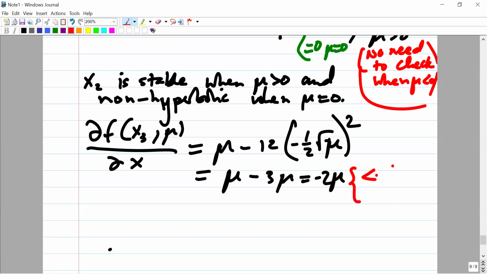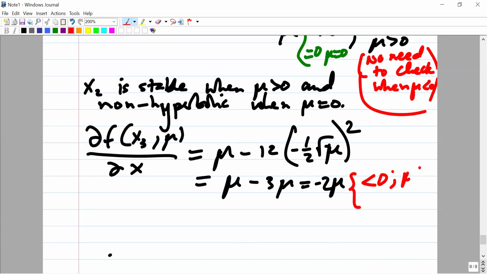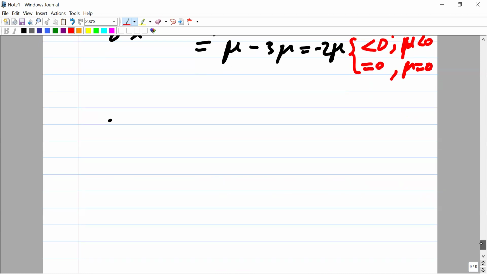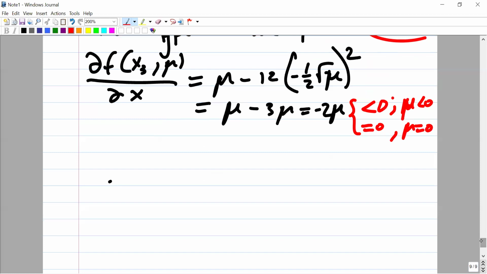This is less than 0 when mu is less than 0, right? When mu is less than 0, and equal to 0 when mu is equal to 0. And we don't talk of greater than 0 because it doesn't exist today.